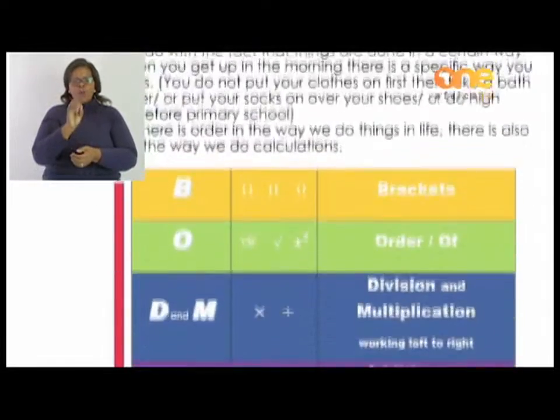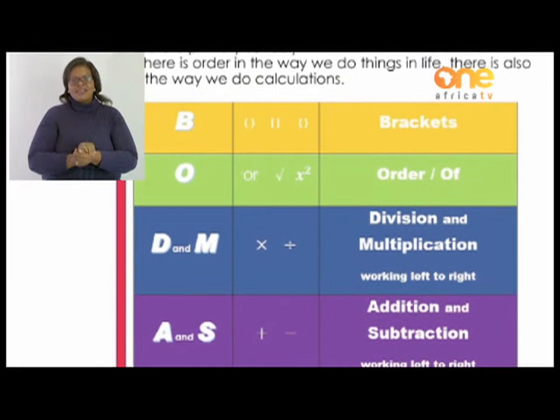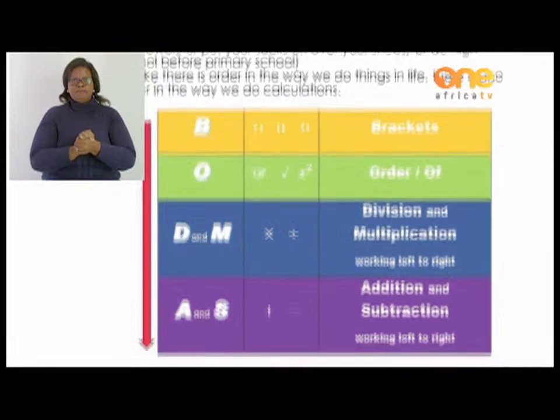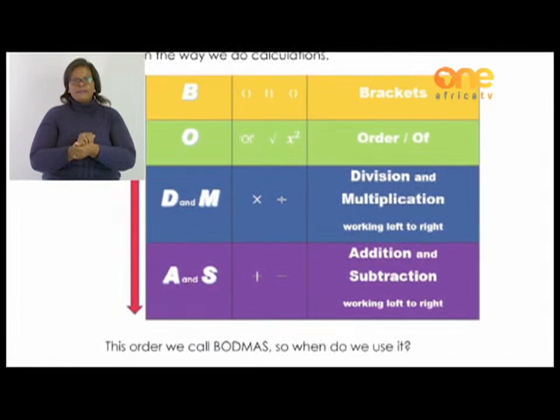BODMAS is abbreviated for the following. The B in BODMAS is for brackets. The O is for order or of. Then D and M is for division and multiplication, working from left to right.